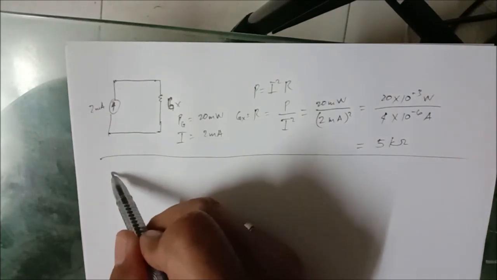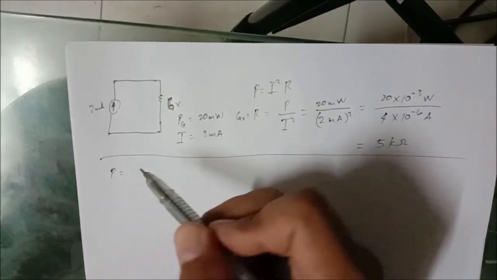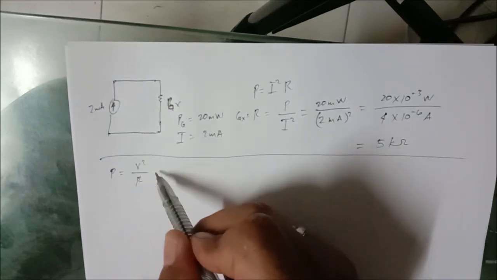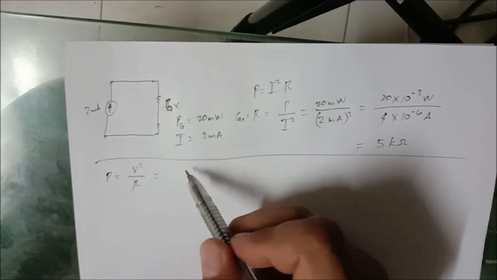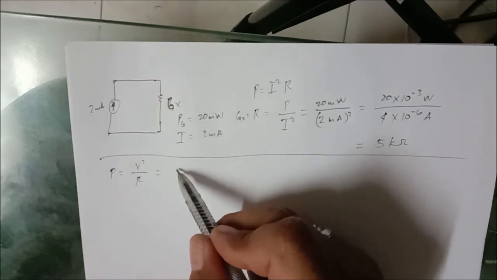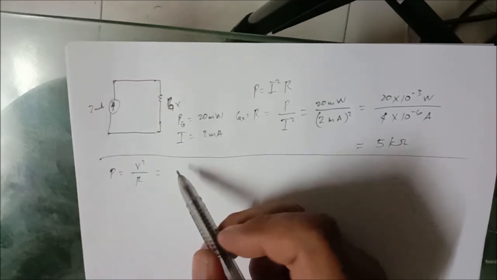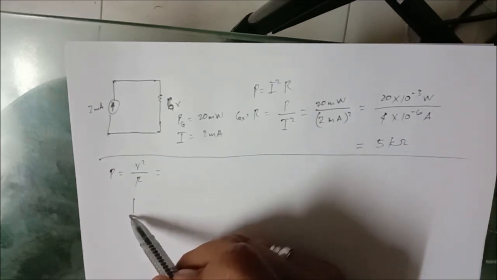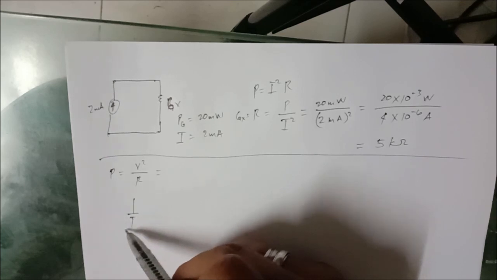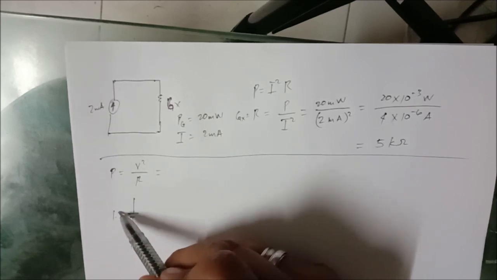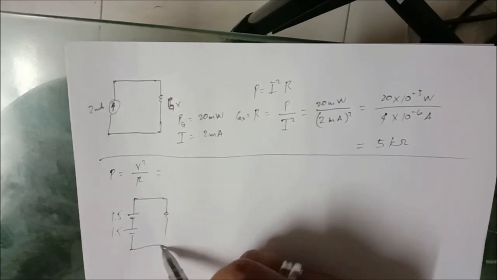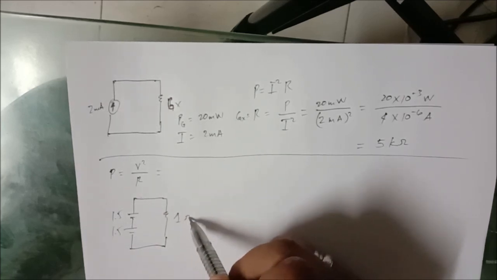So, power dissipated is equal to V squared over R. So, ano yung voltage natin? Since naka-series yung voltage natin, dalawang 1.5. Tapos, merong isang resistor na equivalent to 1 ohm.